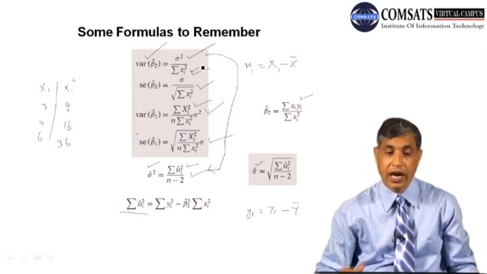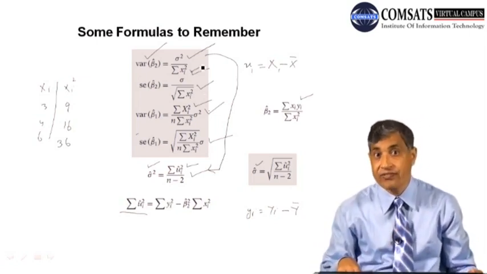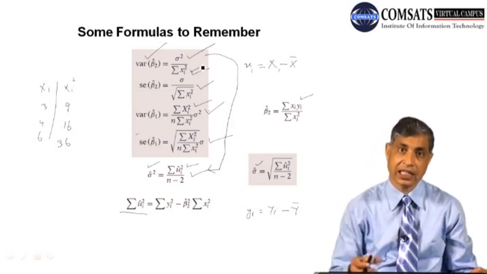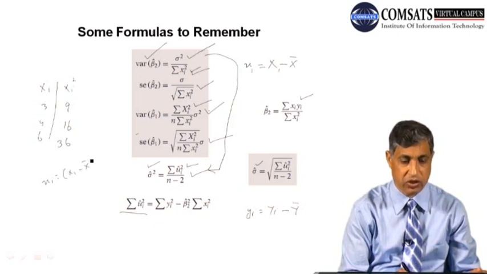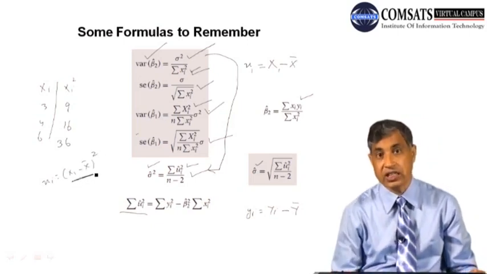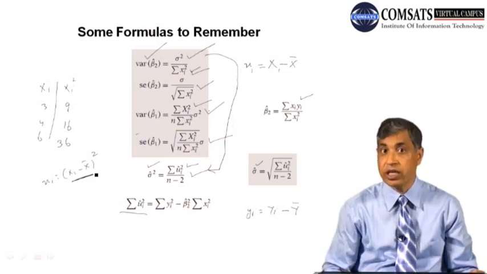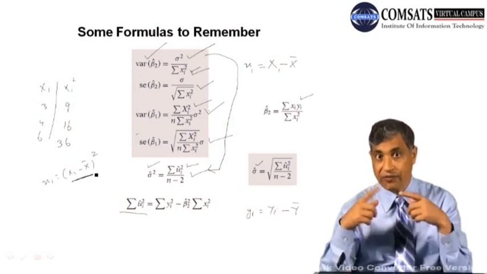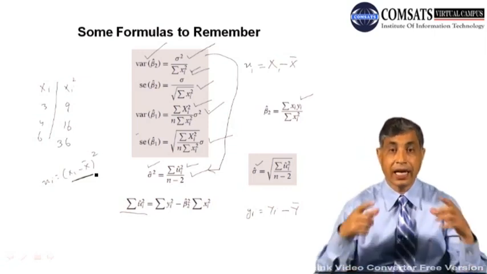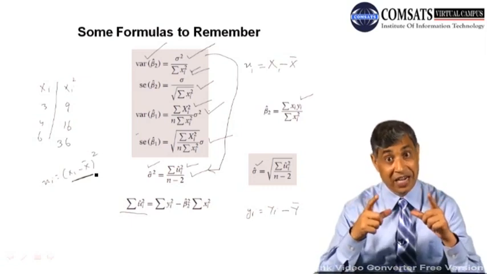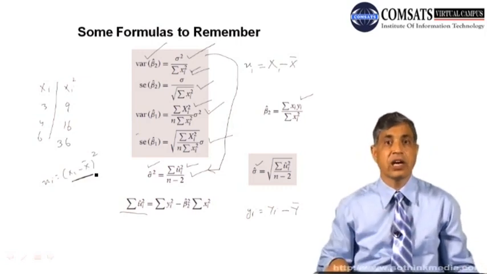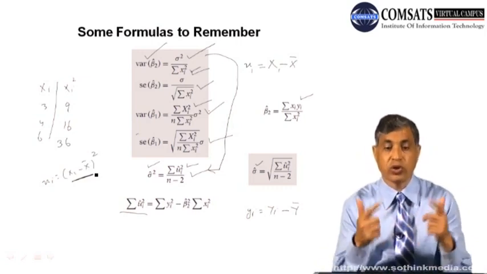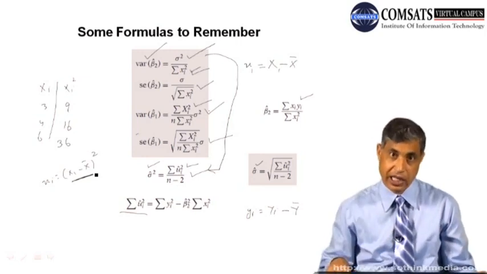That is not a good thing. On the other hand, it has an inverse relationship with summation xi square, where xi is xi minus x bar, squared. This shows the variation of the x values from their mean. So we are confirming our previous discussion: the more variation in your independent variable, the more precise the values of your betas, and the variance of beta shrinks as there is more variation in your independent variable.